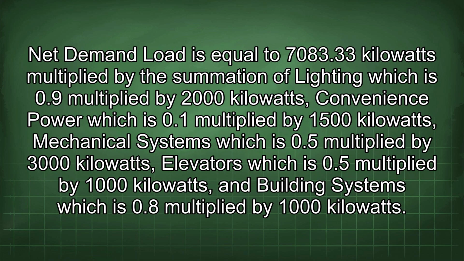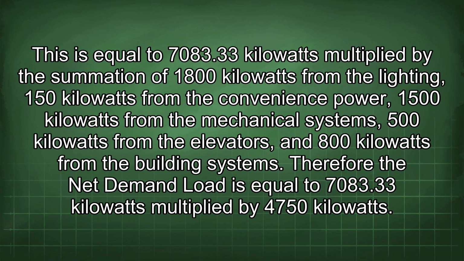Net demand load is equal to 7083.33 kilowatts multiplied by the summation of lighting, which is 0.9 multiplied by 2000 kilowatts, convenience power, which is 0.1 multiplied by 1500 kilowatts, mechanical systems, which is 0.5 multiplied by 3000 kilowatts, elevators, which is 0.5 multiplied by 1000 kilowatts, and building systems, which is 0.8 multiplied by 1000 kilowatts.